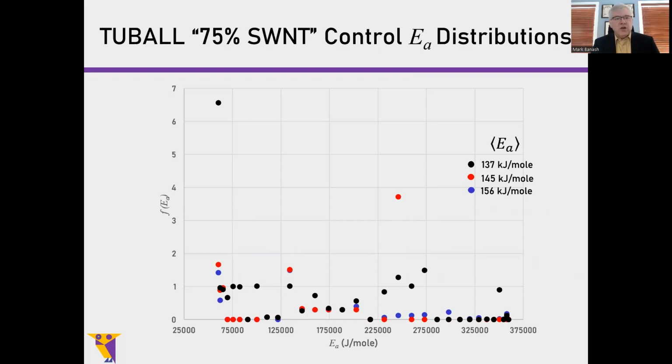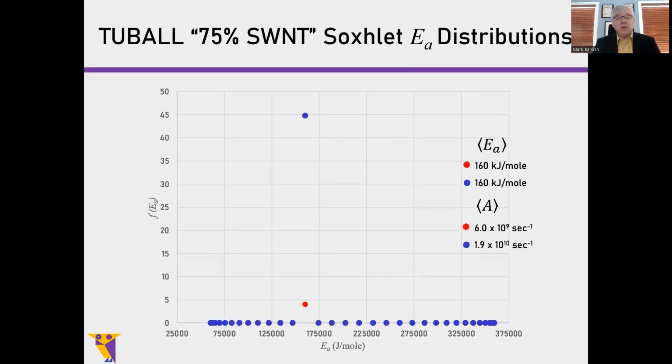I apologize for the eye chart quality of this slide, but I think you can see that the activation energy distribution is a little bit all over the place. I do get different expected values for it for the 3 different fits to those components. But here's something that's really interesting.